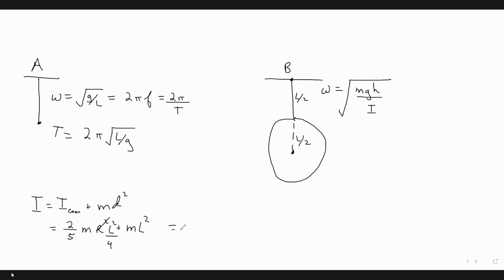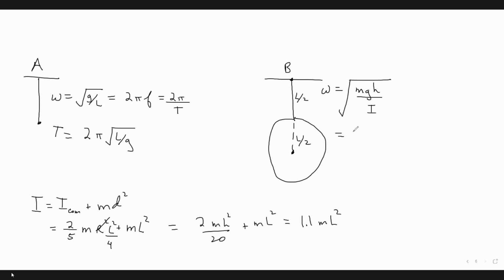So this equals 2 mL squared over 20 plus mL squared. So this becomes what? 1.1 mL squared.